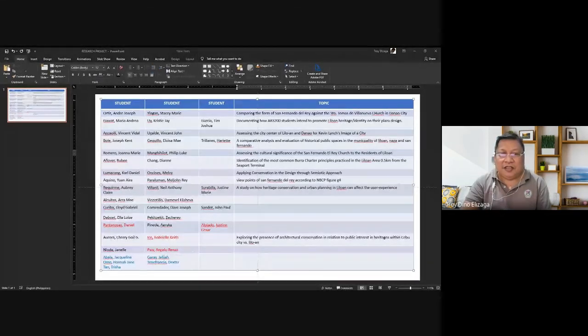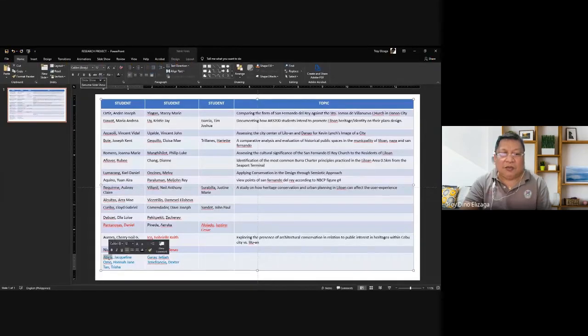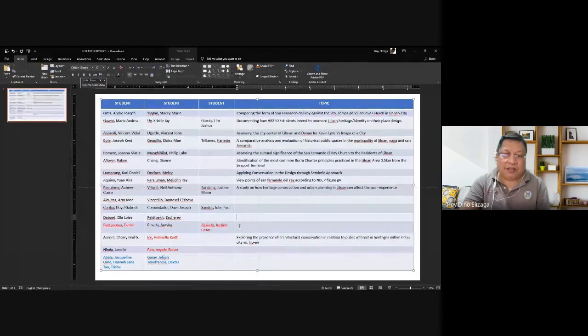First, I'd like to call on the names in blue, because these are the ones without a group, and I want to know which group you are in. And then next, let's go over all the topics, whether they're still the same topics, and especially those who have no topics here. So what are your topics?